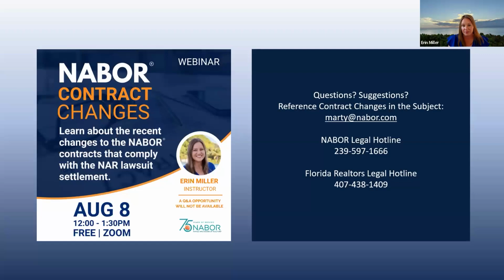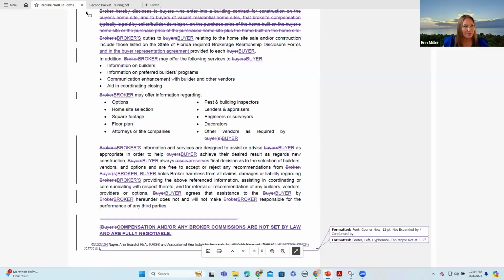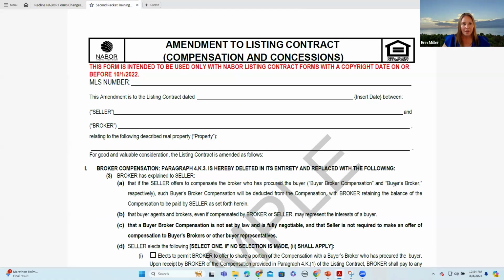And if you have any specific questions regarding the forms that we've discussed today, or suggestions regarding the forms or any of the forms in the NABOR library, you can send an email to marty@nabor.com. Just again, in the subject, so he knows where the question is coming from, reference the contract changes in that subject. Okay, I am going to pull up the second packet.